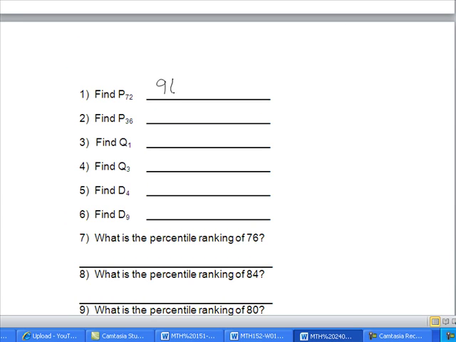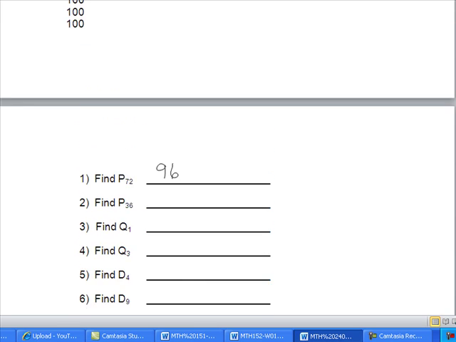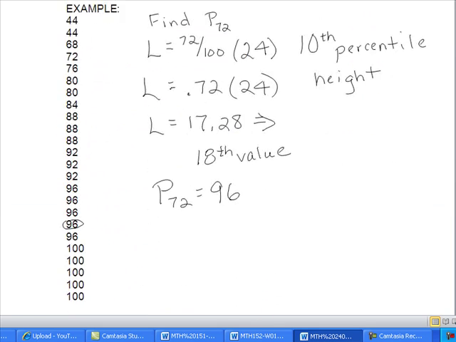Okay, P sub 36. So I'm going to kind of shorten this a little bit. 0.36 times 24 is 8.64.